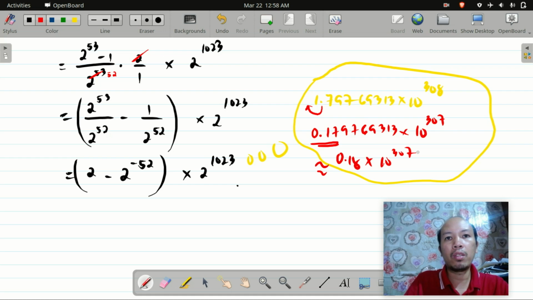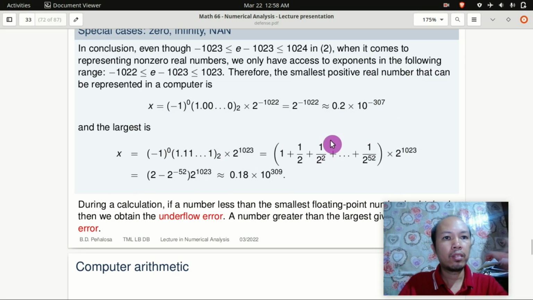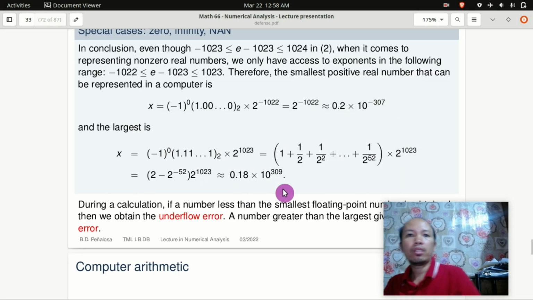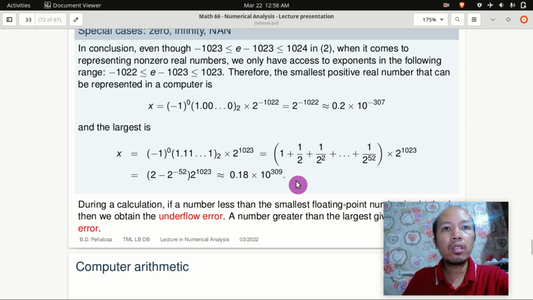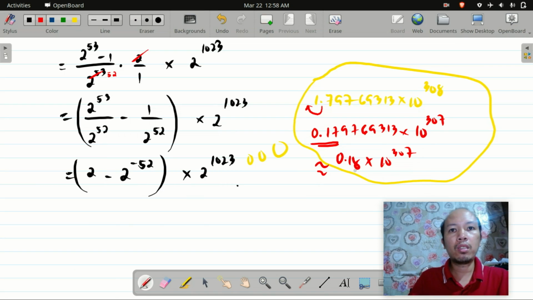Okay, so I guess we truncate it, so we have 309. We move one place to the right. This is 300, I'm sorry, it should be 309.